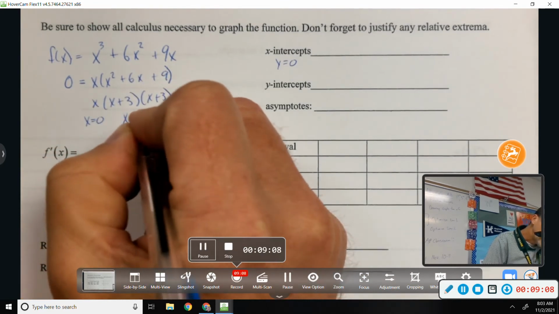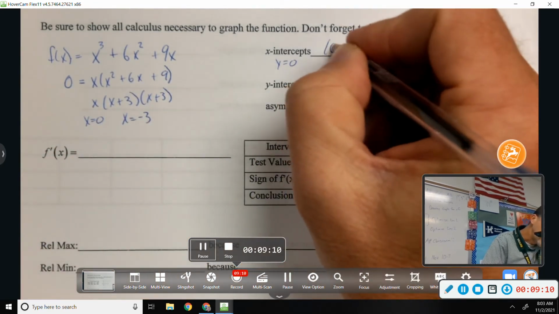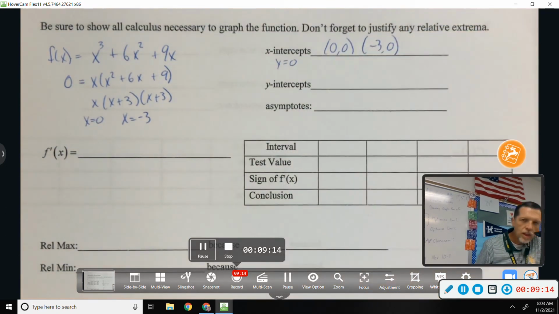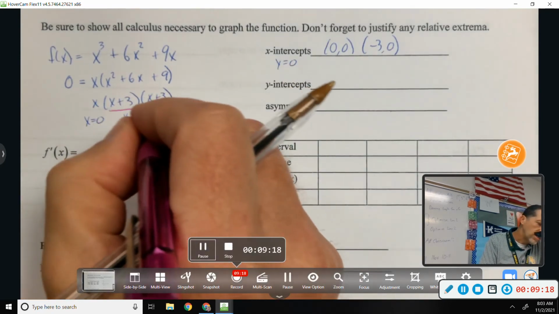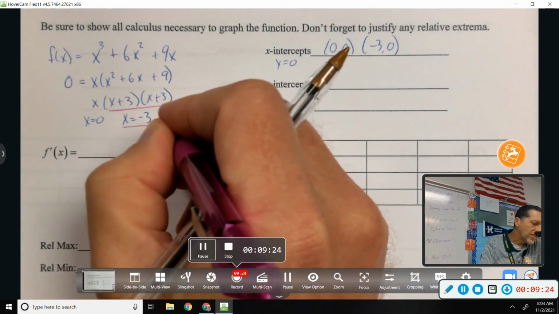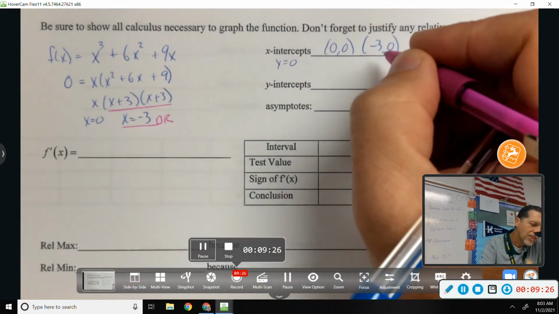So x equals 0 and x equals negative 3. But something's going on at negative 3. Do you remember what we call that and what that does? The double root. You remember how that affects the graph?